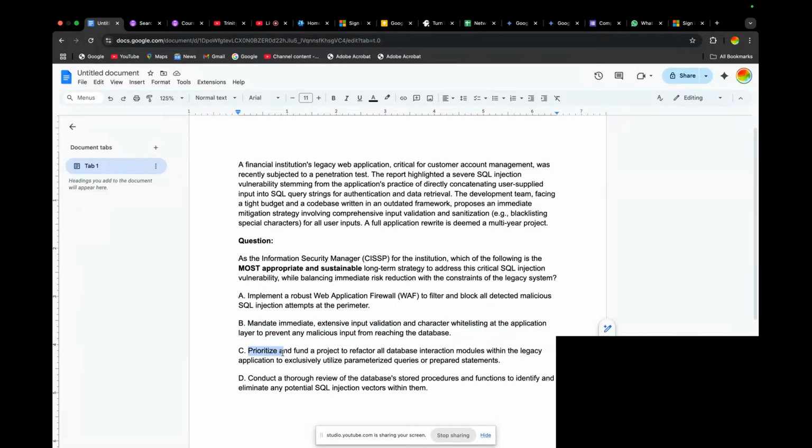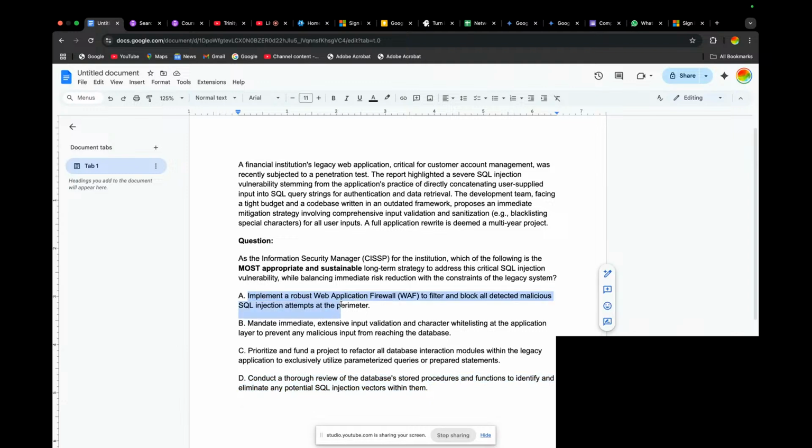Let's look at C: prioritize and fund the project to refactor all database interaction modules within the legacy application to exclusively utilize parameterized queries or prepared statements. Let's look at D: conduct a thorough review of the database stored procedures and functions to identify and eliminate any potential injection vectors.